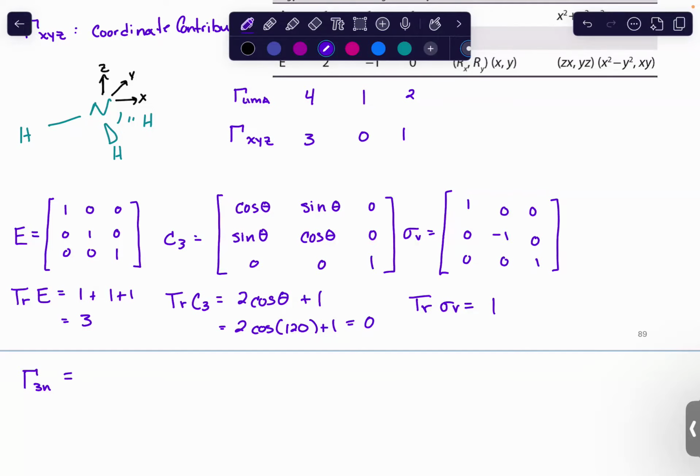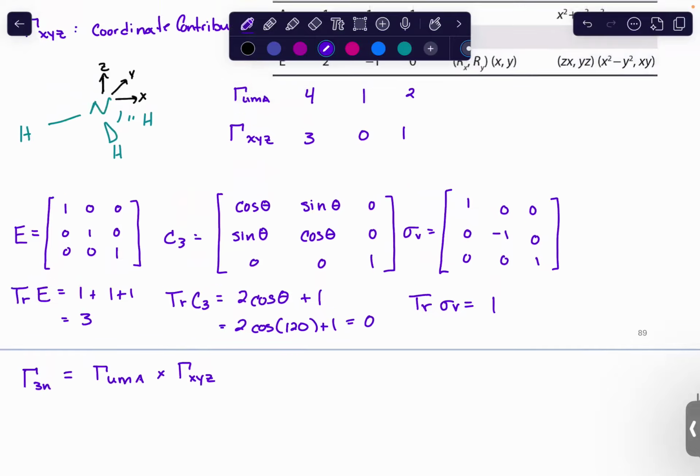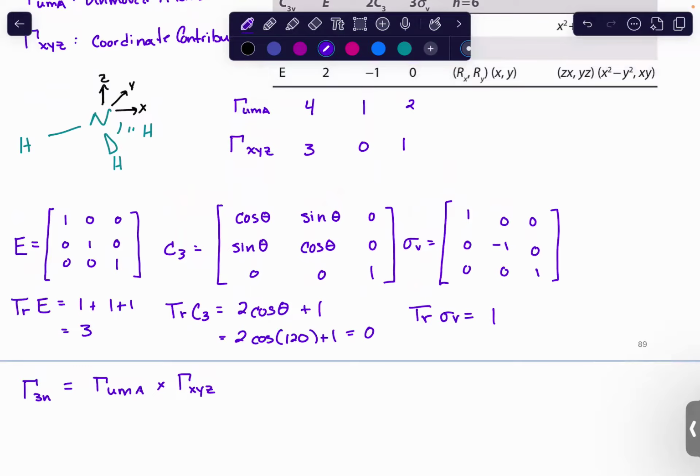The way we get this is gamma UMA times gamma XYZ. You do that as a matrix?